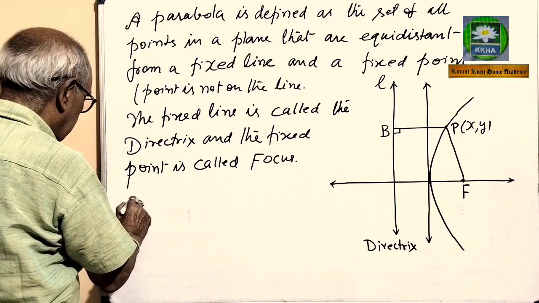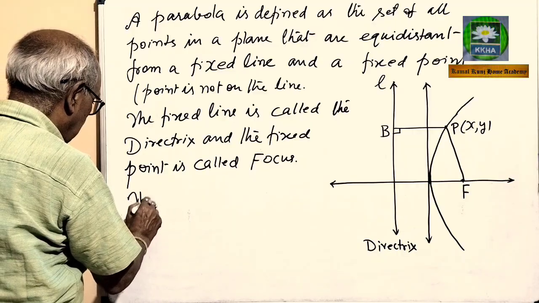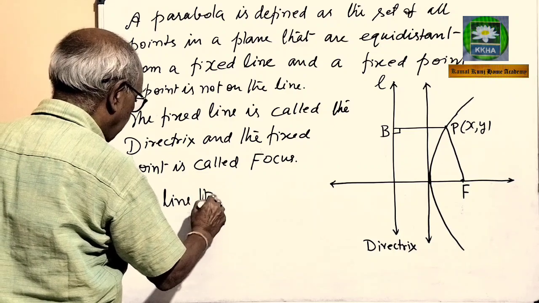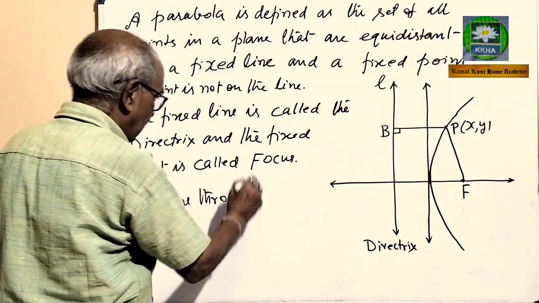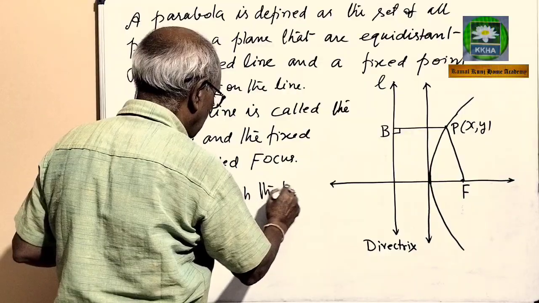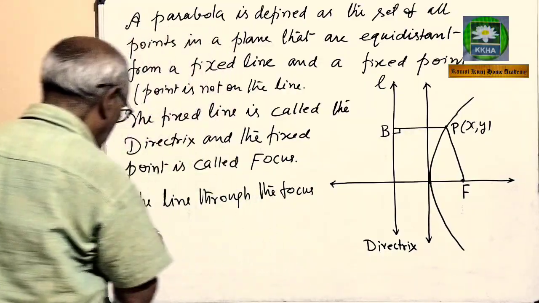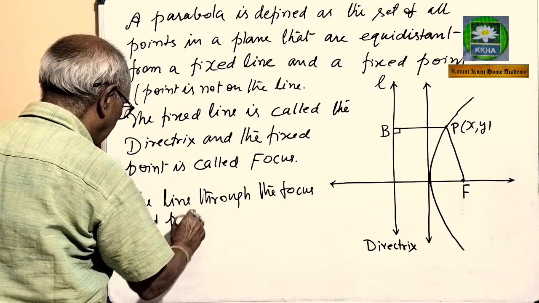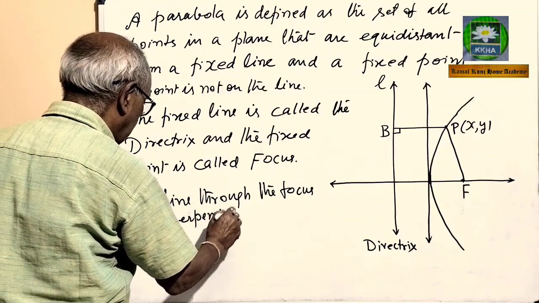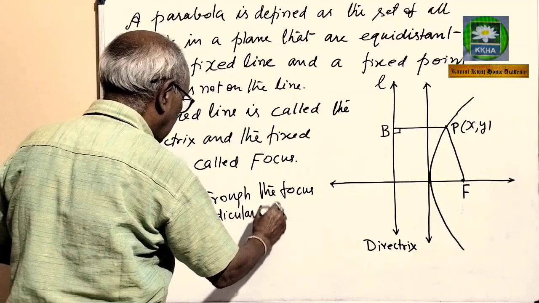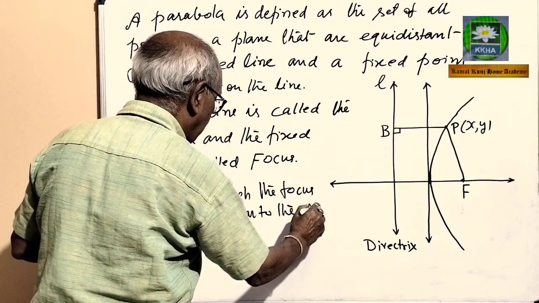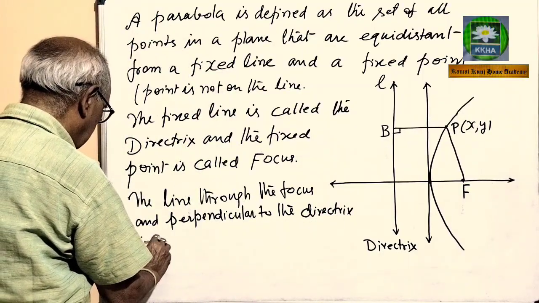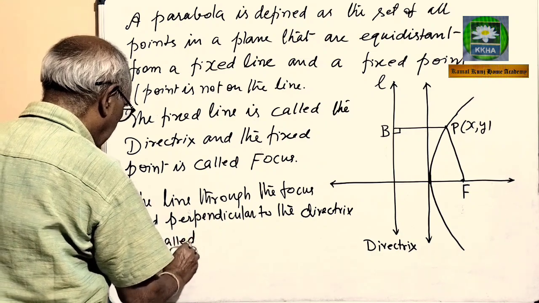Now the line through the focus and perpendicular to the directrix is called axis of the parabola.